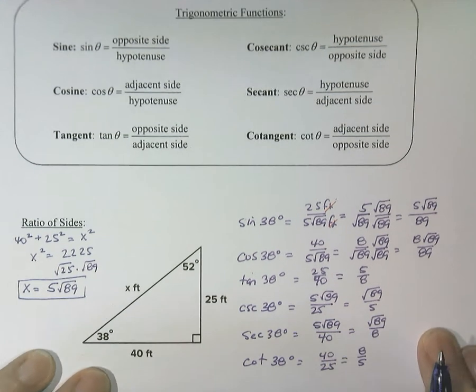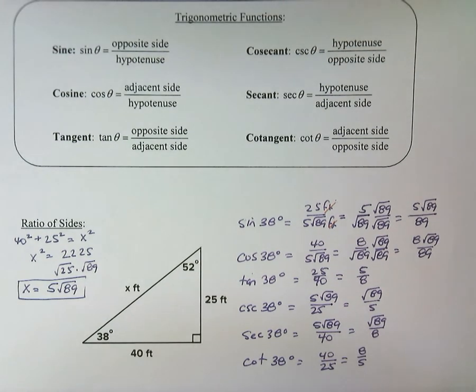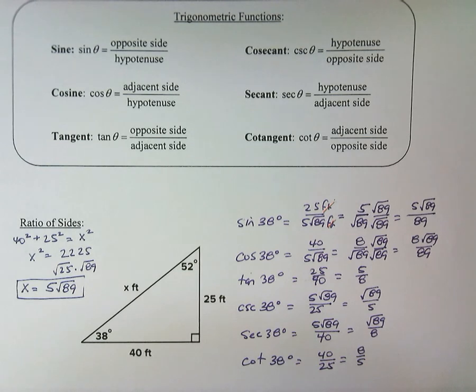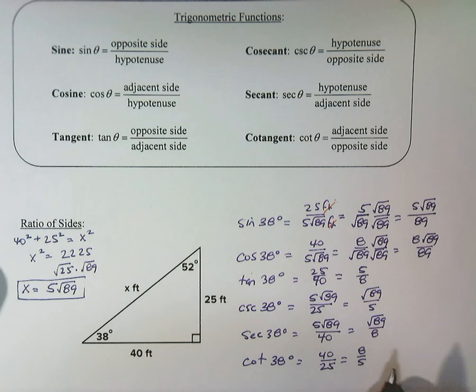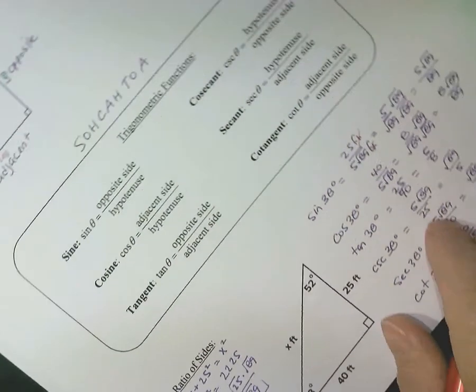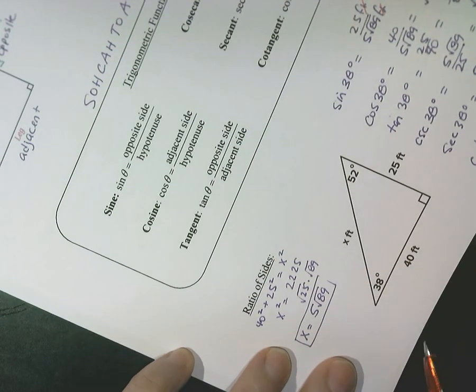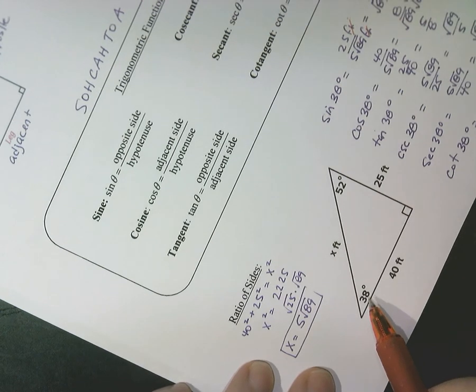So those are the 6 trigonometric functions, and these ratios are specific to this triangle that I had here. And then you're going to have to be careful. If I turn this around in different orientations, you still have to look at what angle you're talking about.